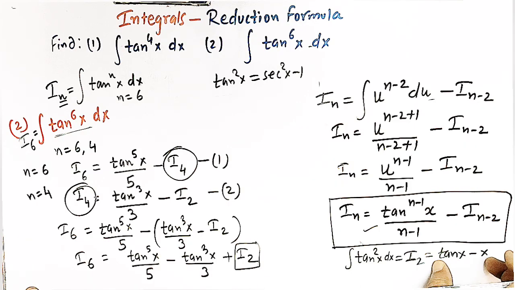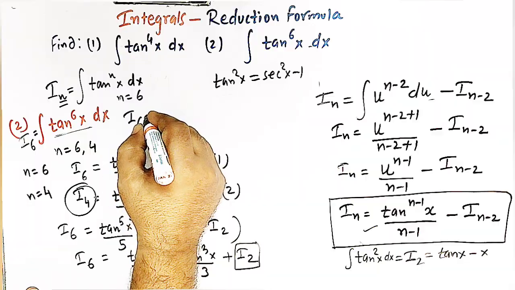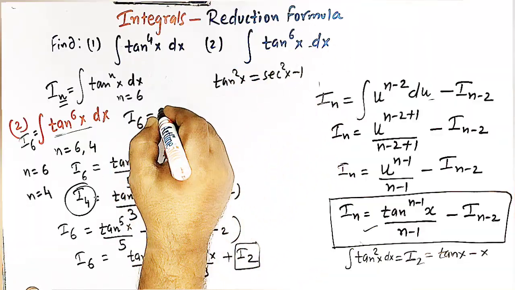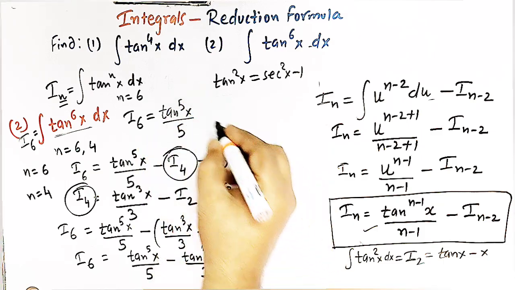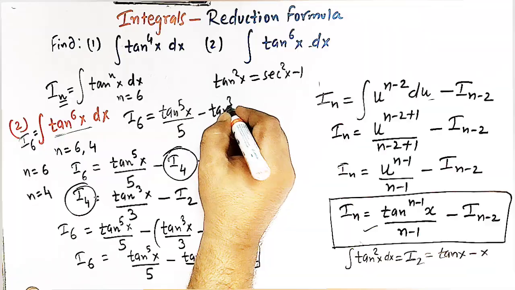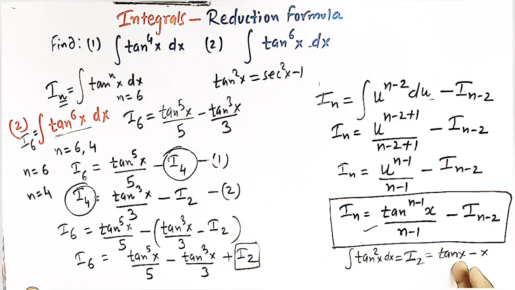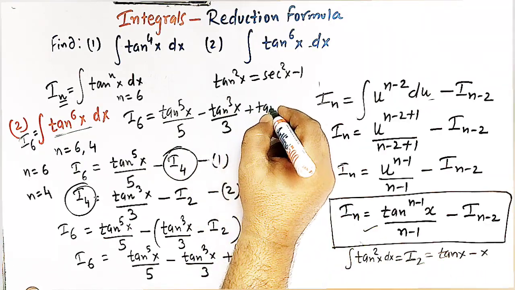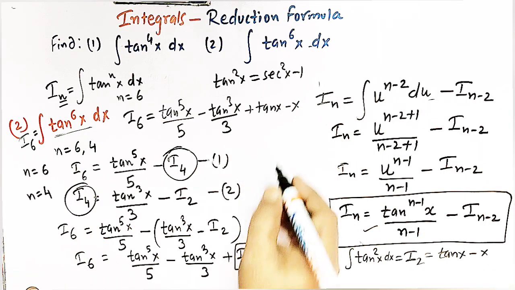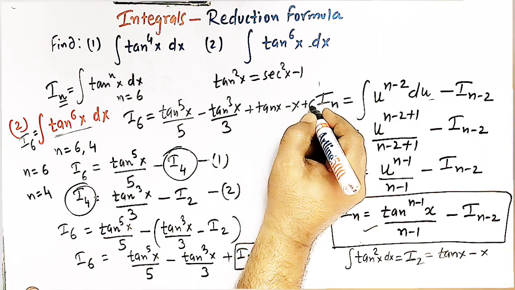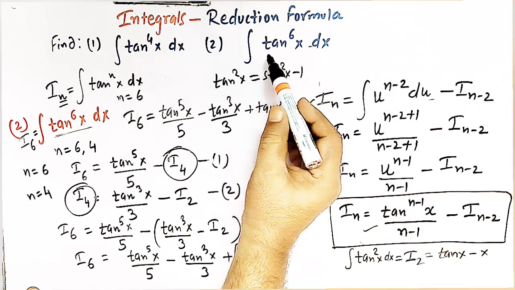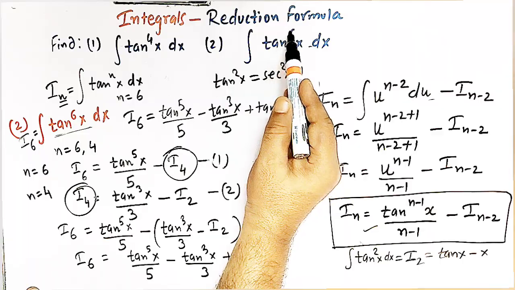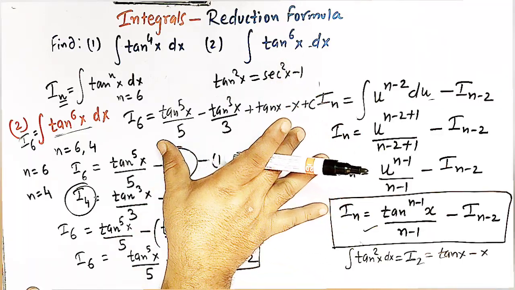So substituting this value of I2 over here, the value of this integral I6 is given by tan 5x over 5 minus tan cube x over 3 plus tan x minus x, and here we'll also add the constant of integration as c, right? So the required value of this integral, that is tan 6x, is given by this expression.